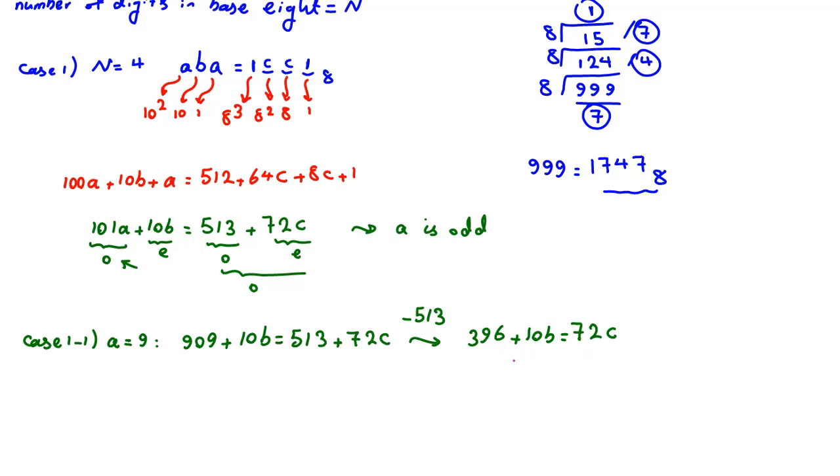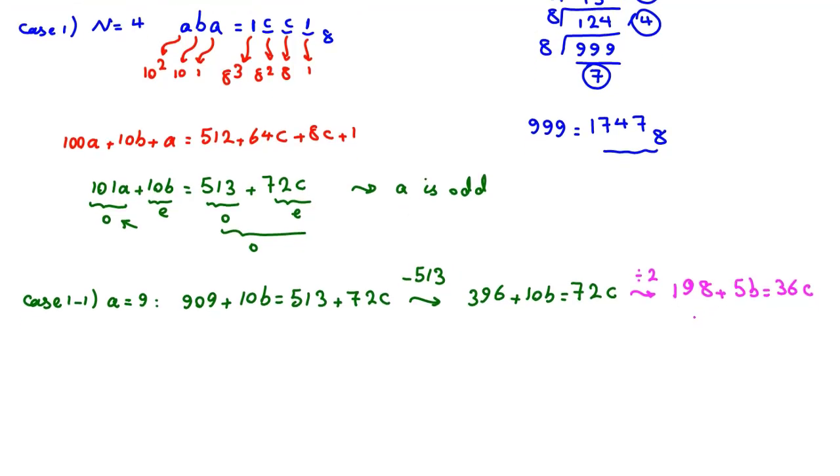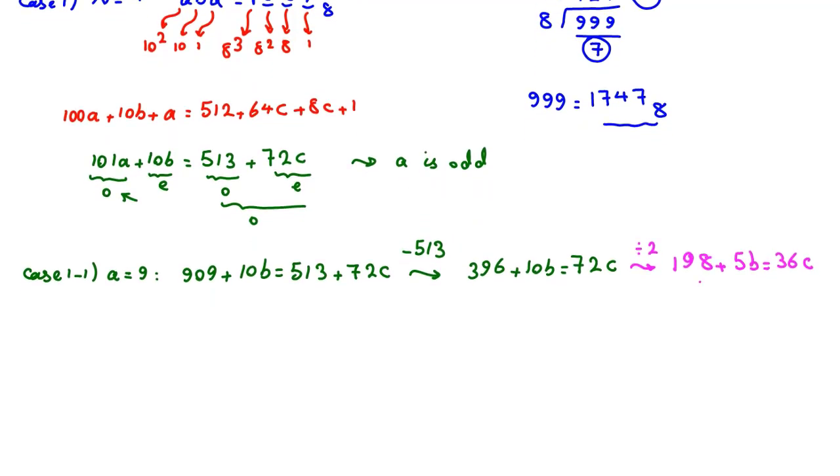Now, in the next step, we divide both sides by 2. Then it will be 198 plus 5b equals 36c. Now 198 is 2 times 99, it is even, so we conclude that b also should be even. So b is 2b prime.